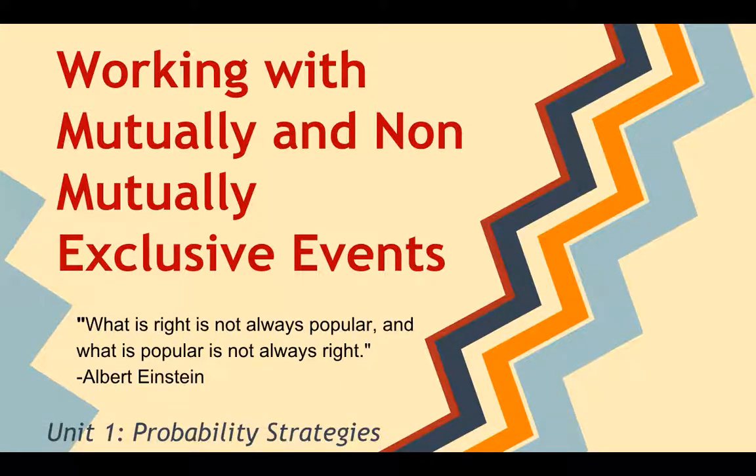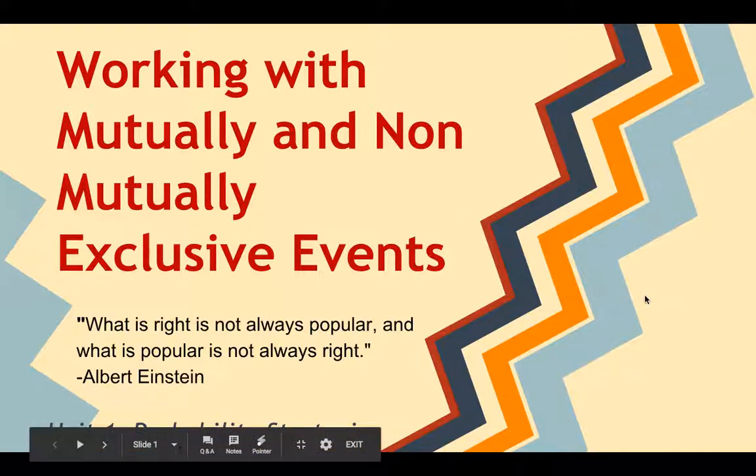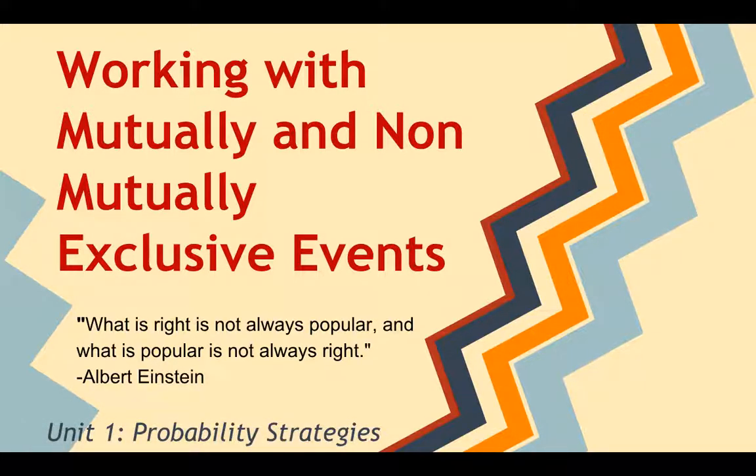Okay, welcome to our fourth lesson of the unit on mutually exclusive and non-mutually exclusive events. Here's a quote I took from Einstein, just to think about this idea of mutually exclusive being two of the same thing at one time, and it's more helpful to understand after you check out the lesson.